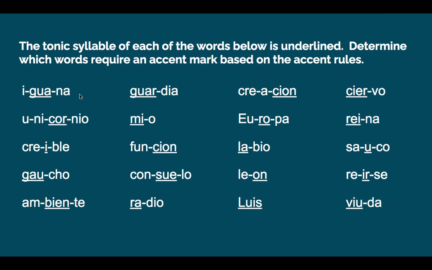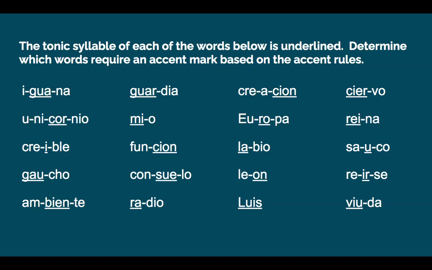The first one is iguana. Now, as you can see, in this syllable, there's a weak vowel followed by a strong vowel. They're in the same syllable, so that means that there's a diphthong created. Okay. Now, we do not want to put an accent over the U, certainly, because why?